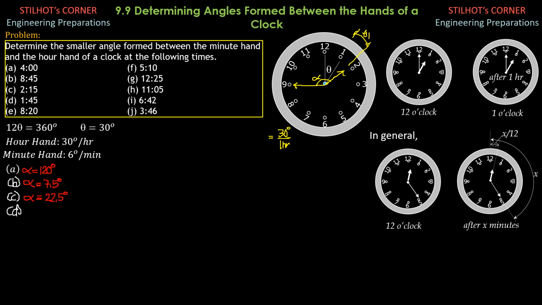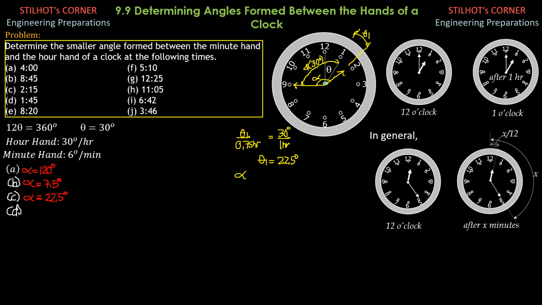theta 1 again, which corresponds to 45 minutes or 0.75 hour, and alpha from the figure is 1, 2, 3, 4, 4 times 30 degrees plus this theta 1 here. So theta 1, as 0.75 hour or 45 minutes, with 30 degrees over 1 hour, is equal to 22.5 degrees again.